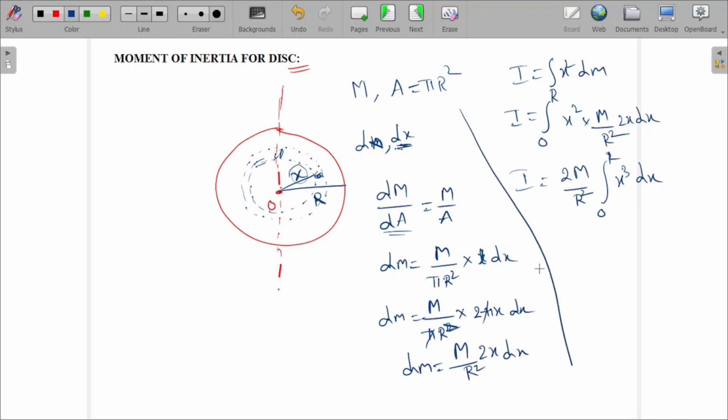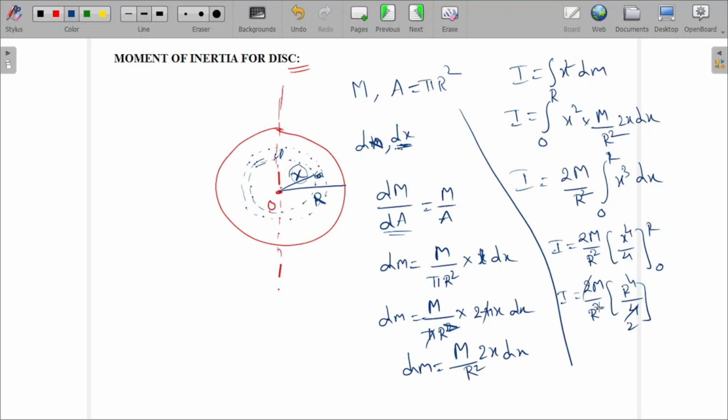Then I equals 2M by R square of x power 4 by 4 for integration, from 0 to R. Then I equals 2M by R square of R power 4 by 4, upper limit minus lower limit.